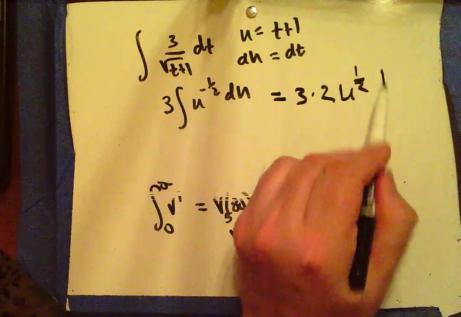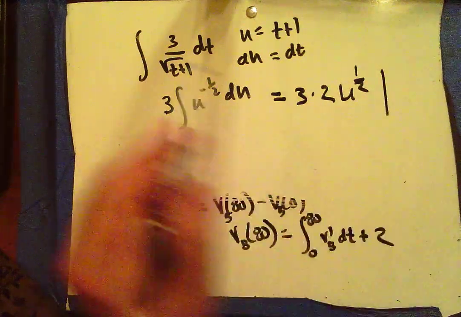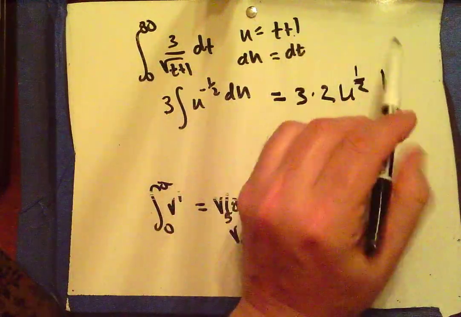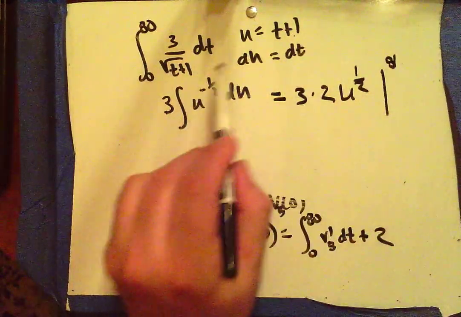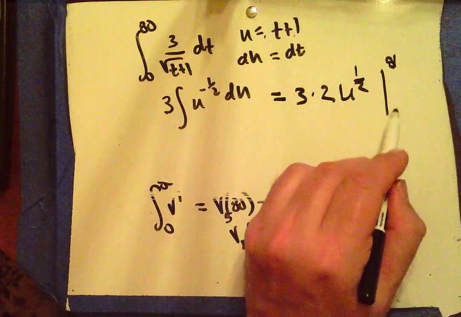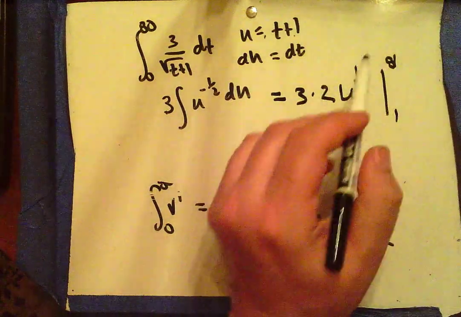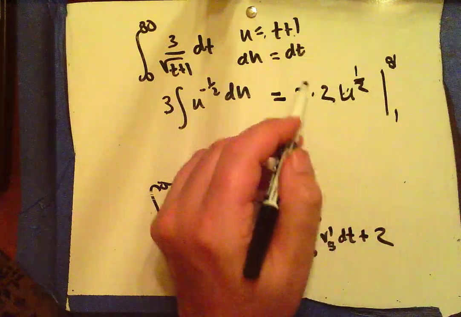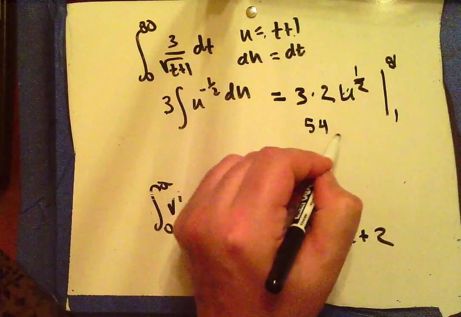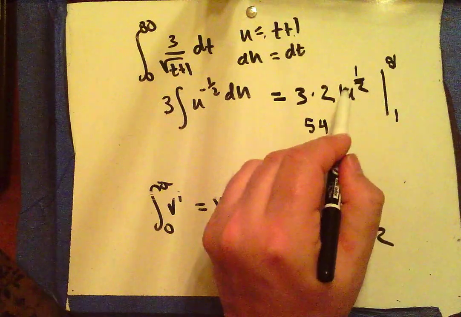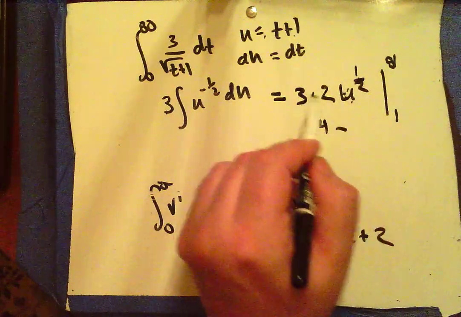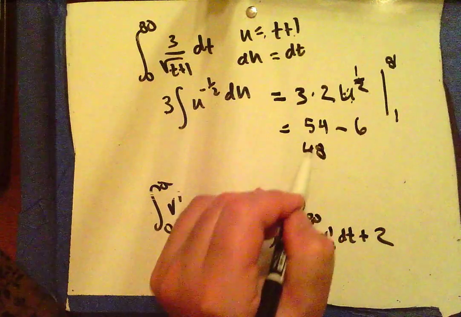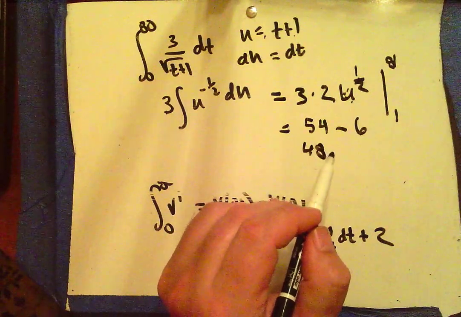And I want to evaluate this from 0 to 80. t plus 1, so that's 81, and 0 plus 1 is 1. So I have the square root of 81, which is 9. 9 times 6 is 54, minus, I plug in a 1, the square root of 1 is 1, times 6 is 6, and so that gives me 48.